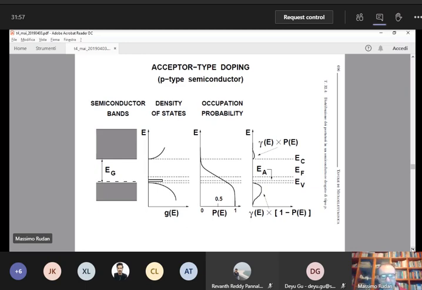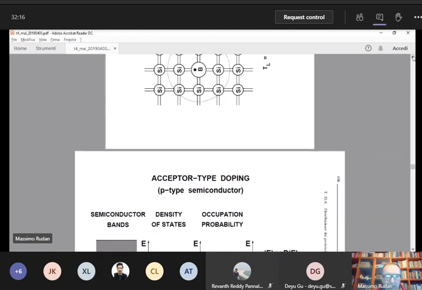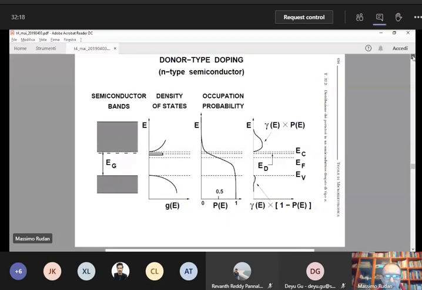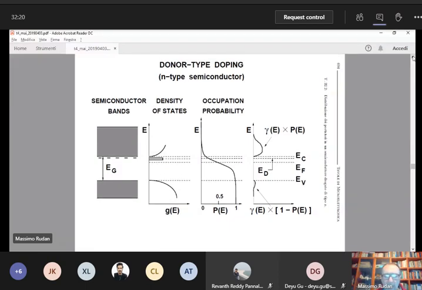Okay. So this concludes the discussion when we have either a donor type doping or acceptor type doping alone. There is another comment. Let's go back for a second to the case of the N-type semiconductor.